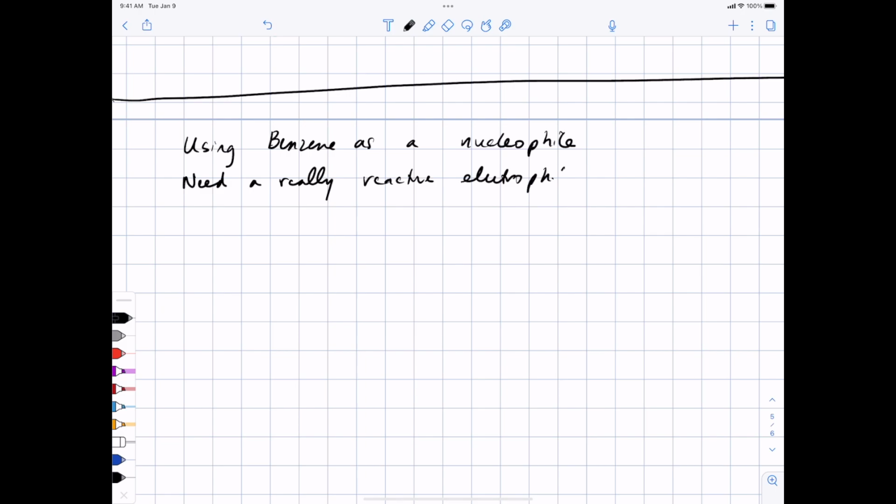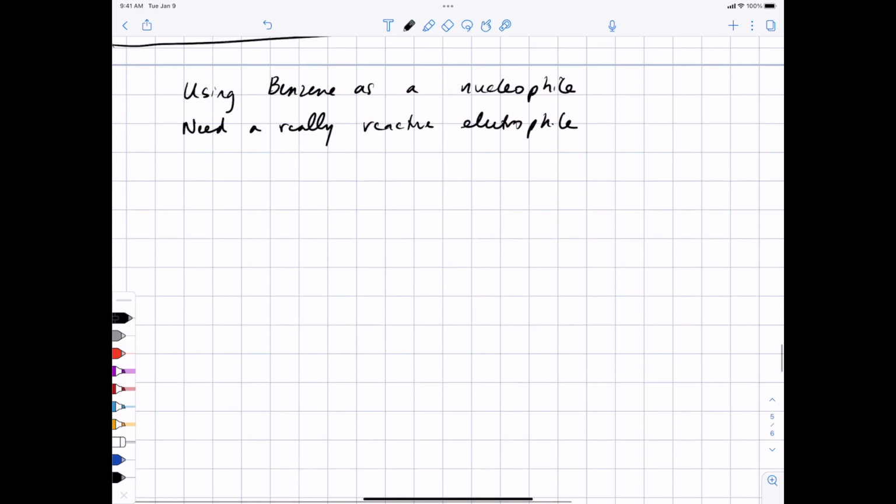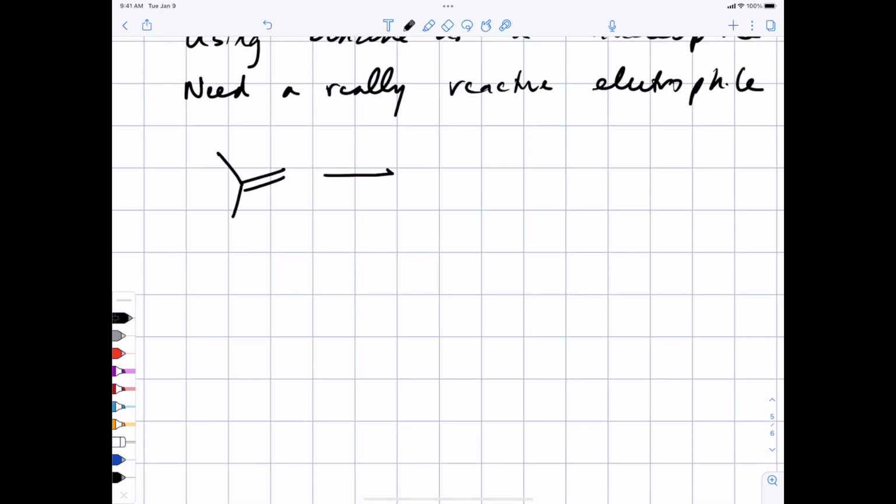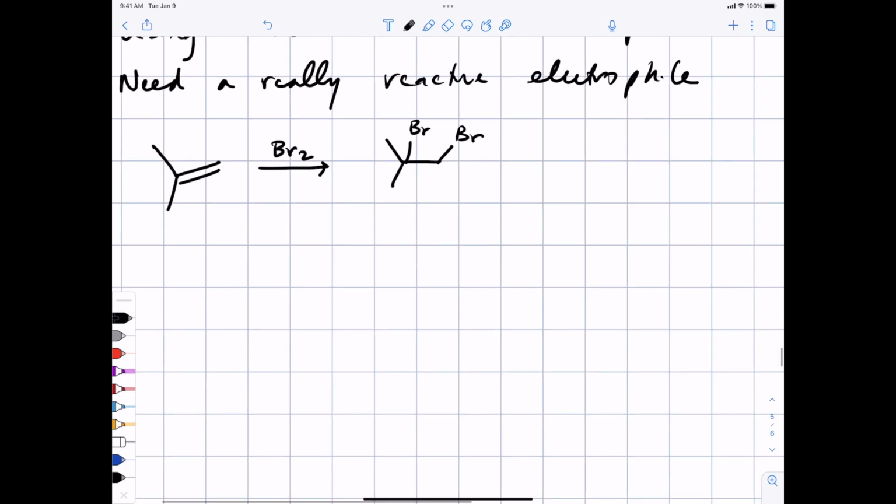And recall that at the beginning of class today, I gave you an example of a reaction of an alkene with an electrophile. And alkenes undergo addition reactions, right? So you can use Br2 to make the vicinal dibromide.